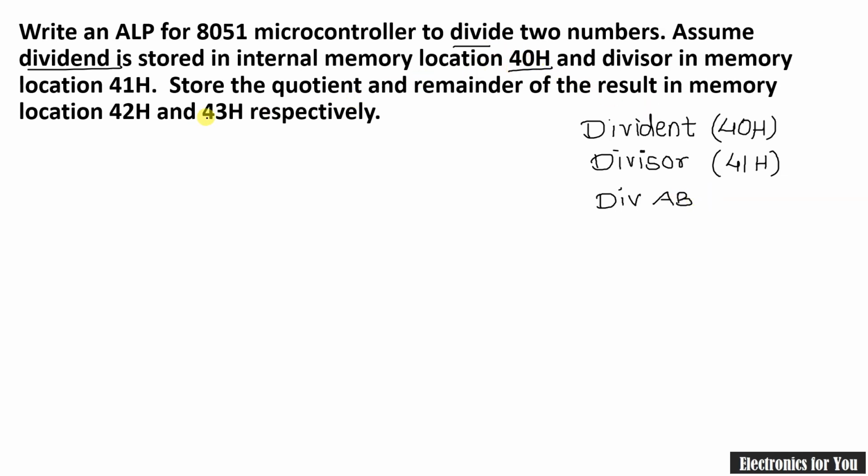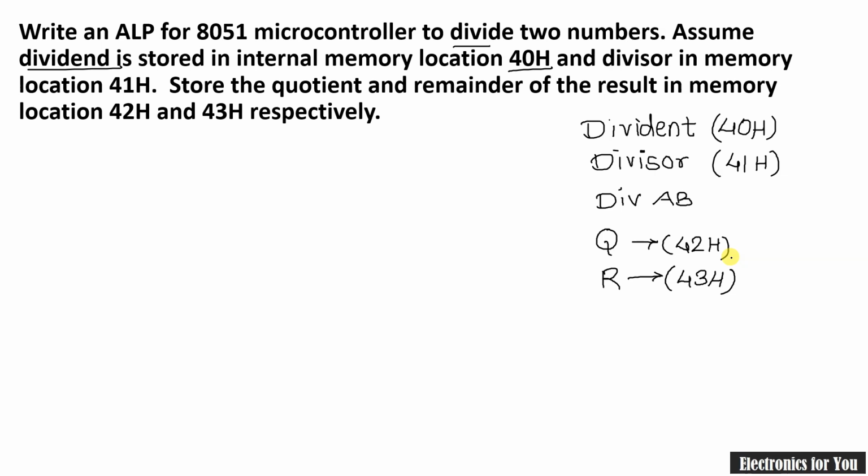After this, we will have two different results, one is the quotient and another one is the remainder. The quotient should be stored to memory location 42H as per the program, and the remainder should be stored to 43H.